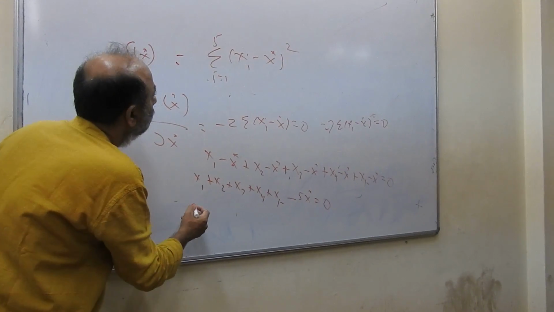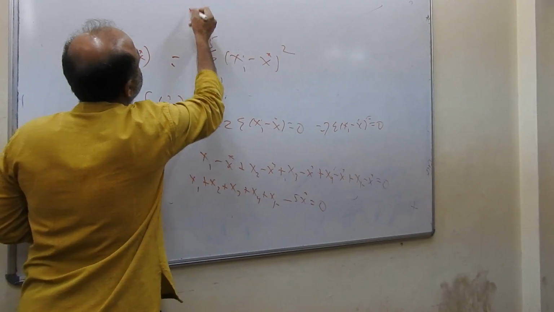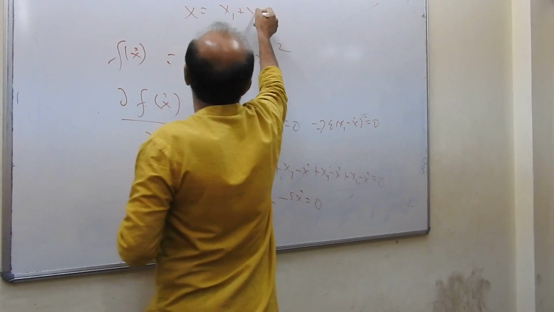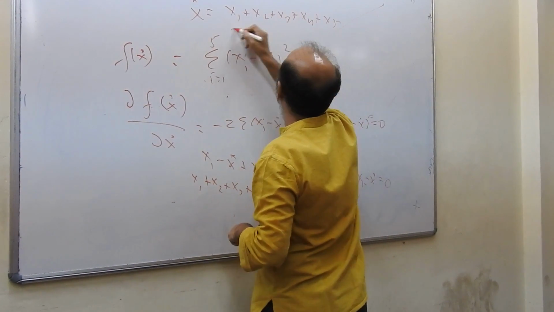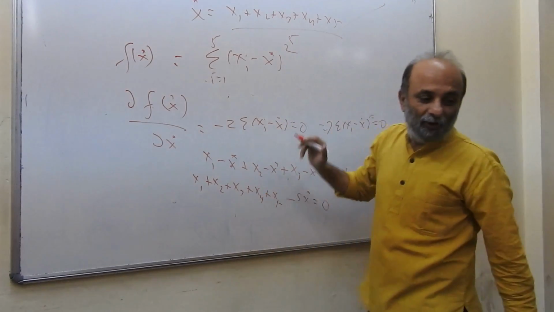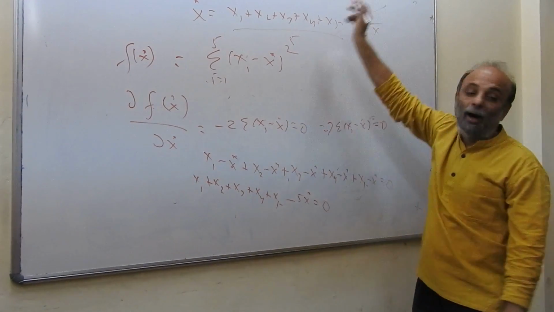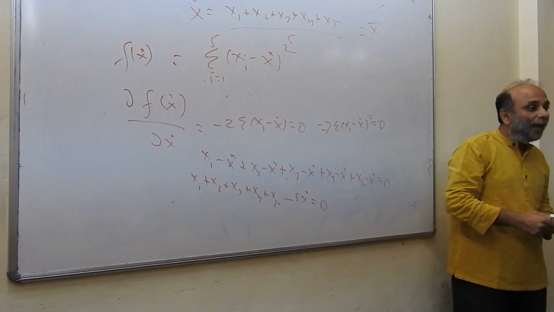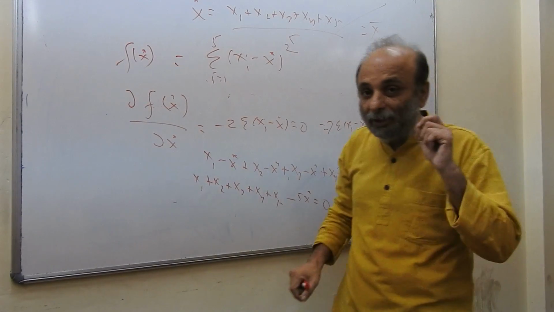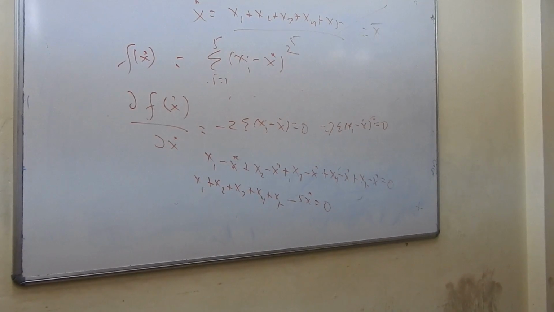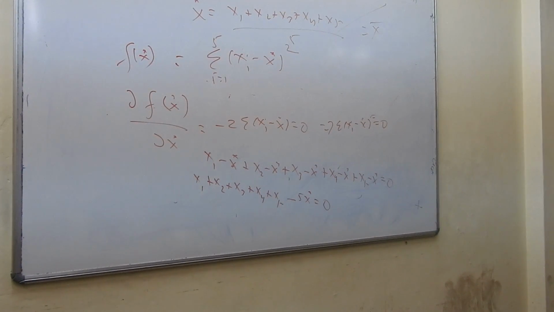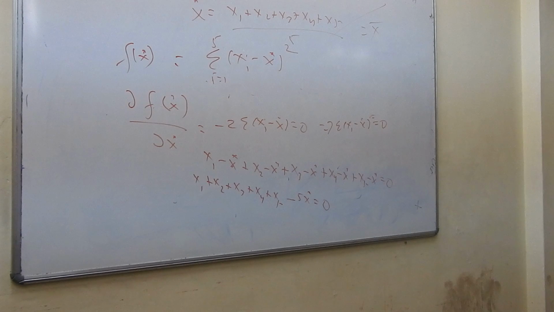So what do I get? If I solve this, I get x star is x1 plus x2 plus x3 plus x4 plus x5 upon 5, which is nothing but x bar. So the x bar, the arithmetic mean, has an interesting property. It has the property that its total distance from all the observations is minimized.